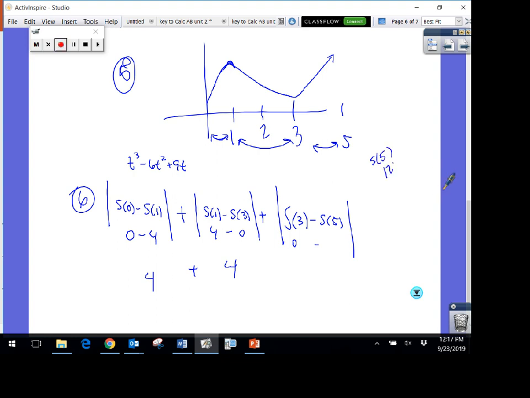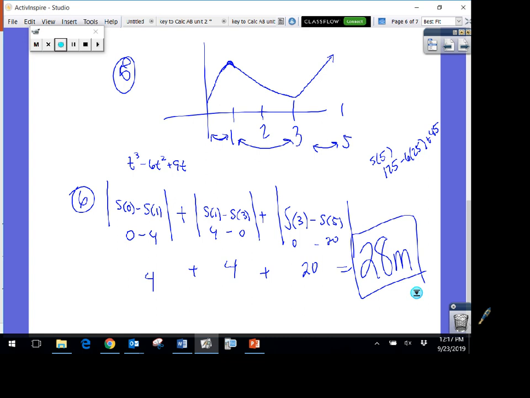So 125. Minus 6 times 25, so 150, plus 45. So we get negative 25 plus 45, so 20. Absolute value of that is 20. So we get 28 meters.